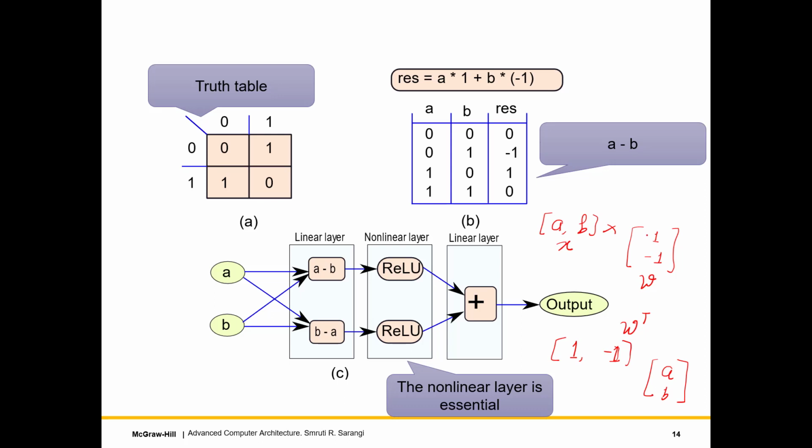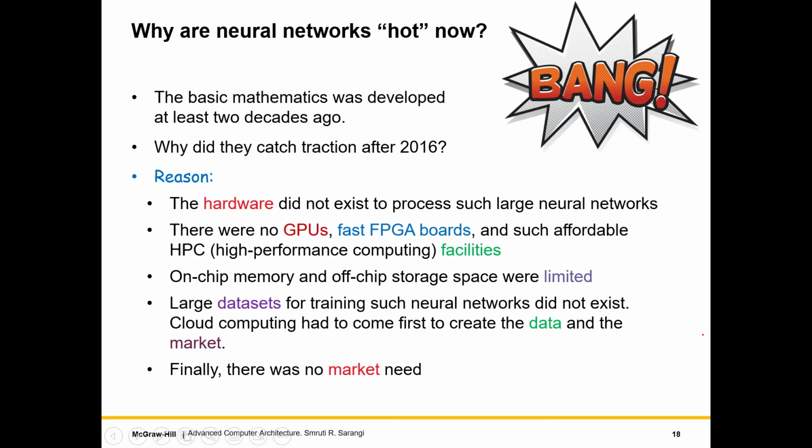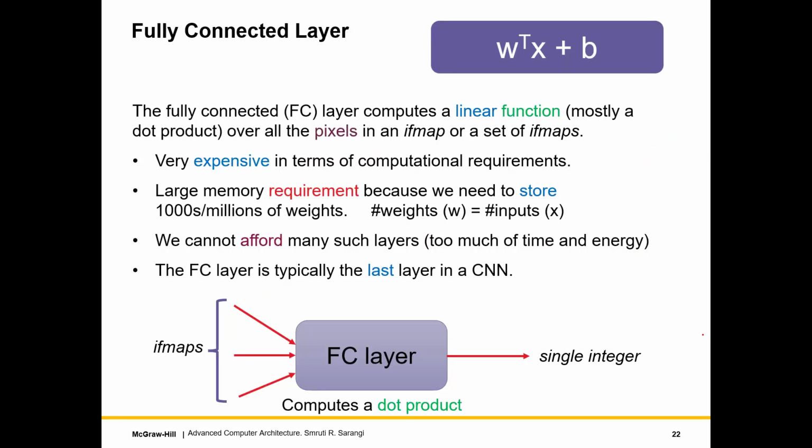So why transpose? Because weight is a column vector and we are transposing it to a row vector. So this is a transpose of the weight vector and we are multiplying that with x, right? So that is what we are doing. Furthermore, we could add a bias term. So this is exactly what we do in the fully connected network.